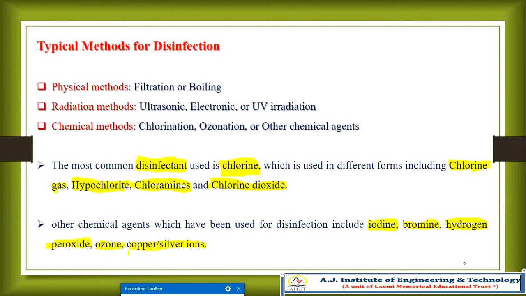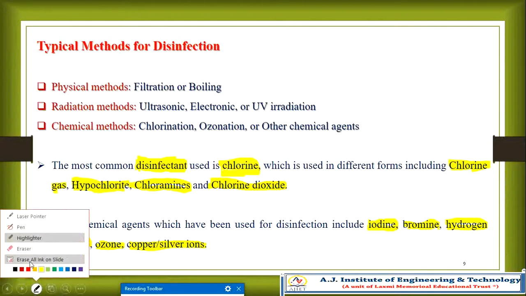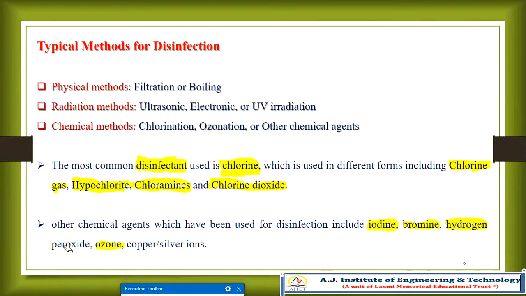These are also used as disinfectants, but importantly, the most common disinfectant we follow is chlorine.